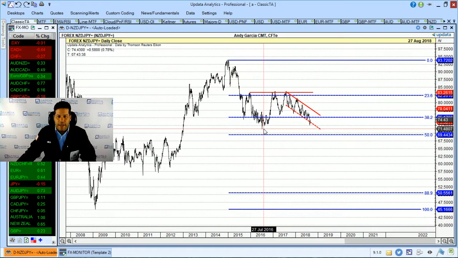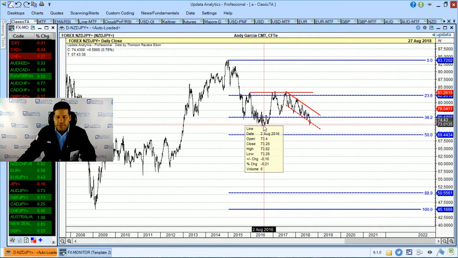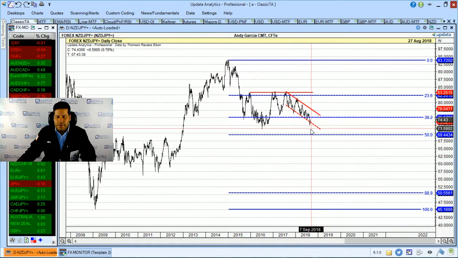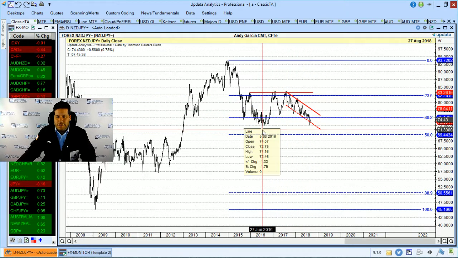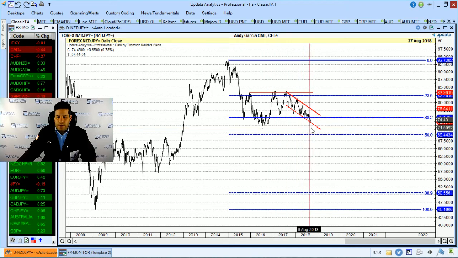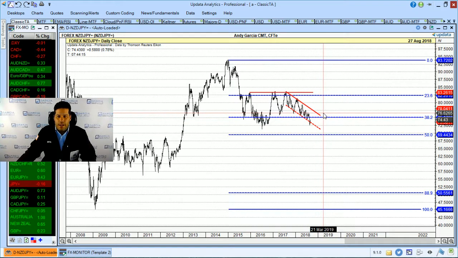So I'm thinking that, hey, well, maybe this isn't a reverse head and shoulders, maybe it's actually a double bottom, right? So you had this push down to this low right here, bounce up, and now we're actually pushing back down to this low. So I'm watching this low right here at 71.33 to see if the market comes all the way down to this level and then uses it as support and then rallies off this level.